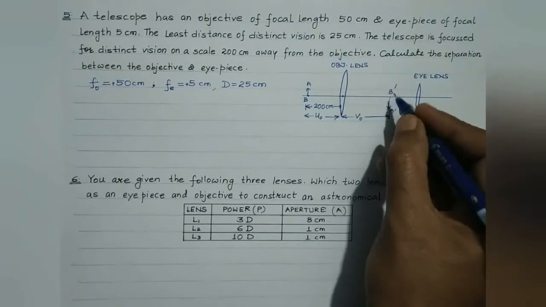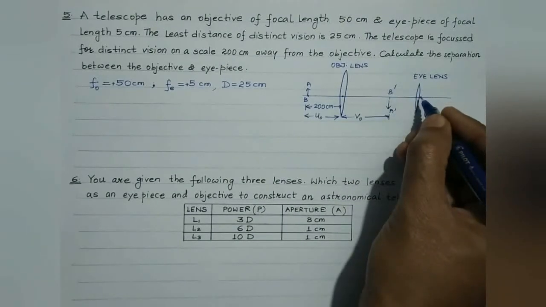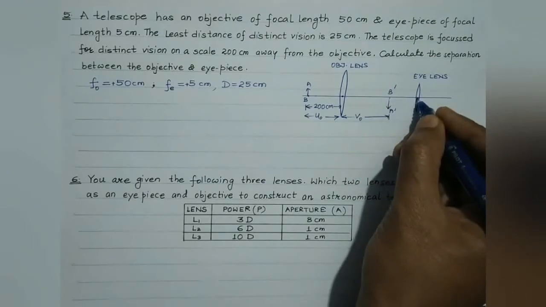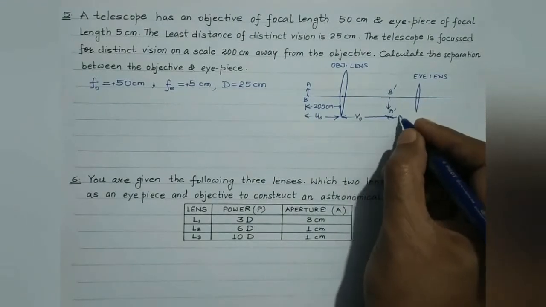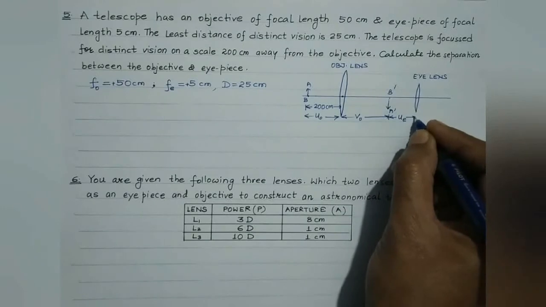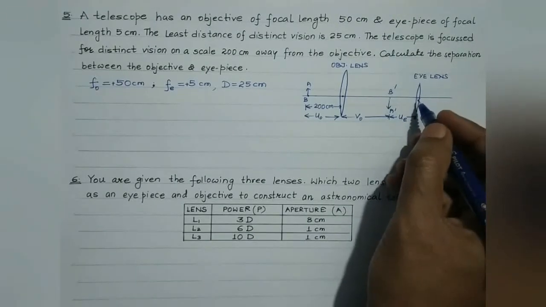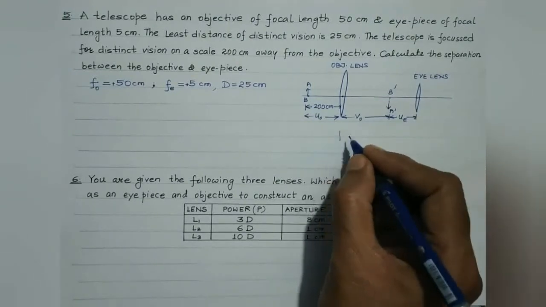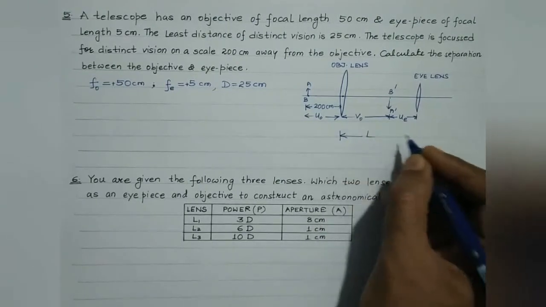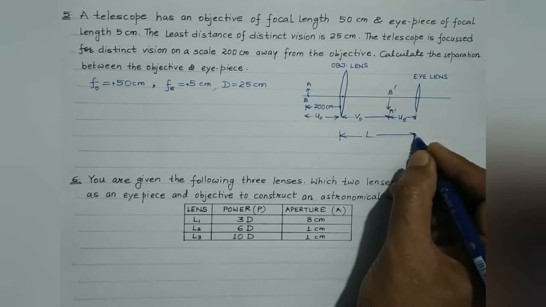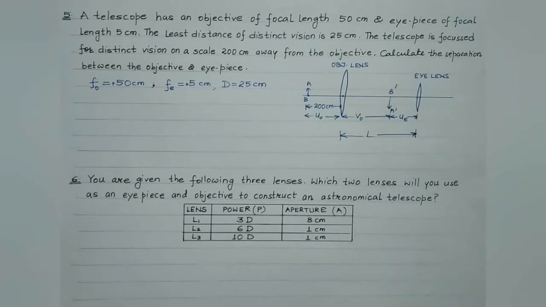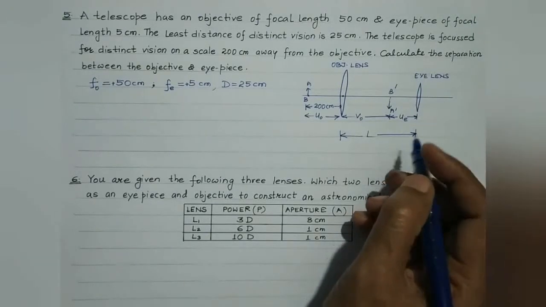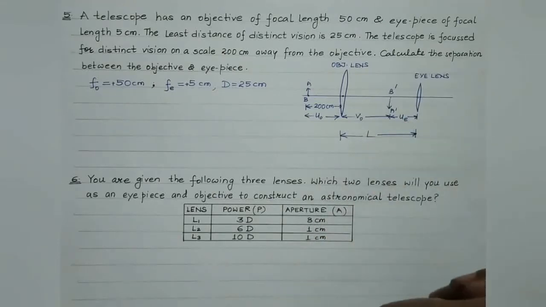Now we are aware A dash, B dash will act as an object for the eye lens. So its distance from the optical center of the eye lens can be considered to be UE. And the final image is formed at LDDV. So that is VE. So actually this will become the length of the tube, isn't it? This is the length of the tube, which will be given by V0 plus UE.